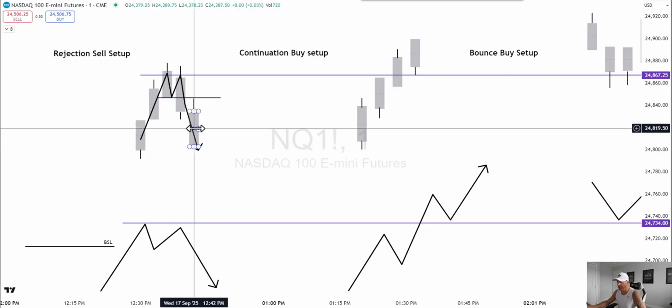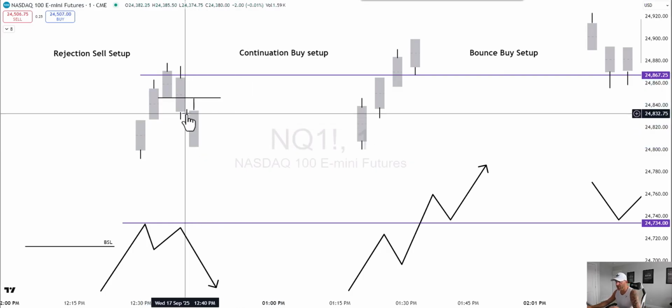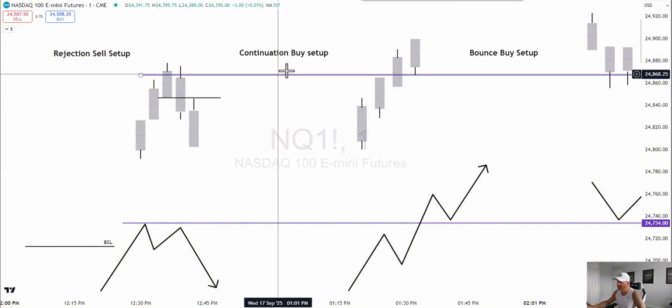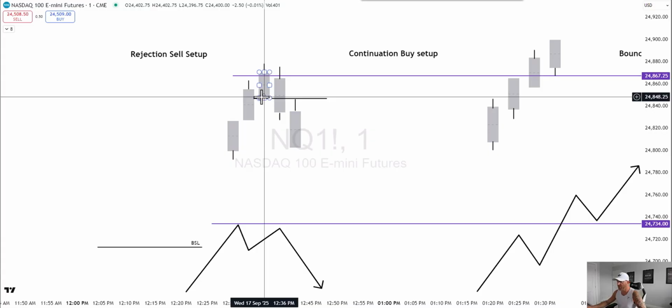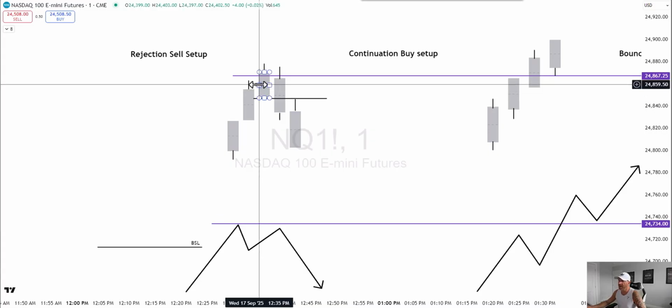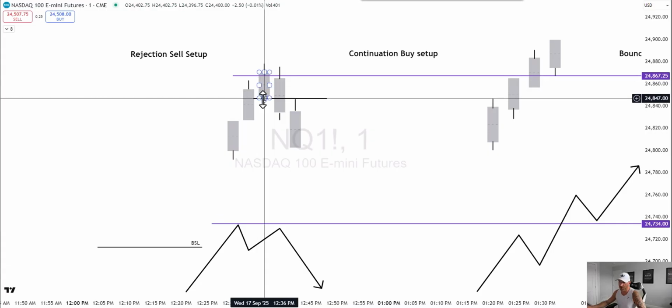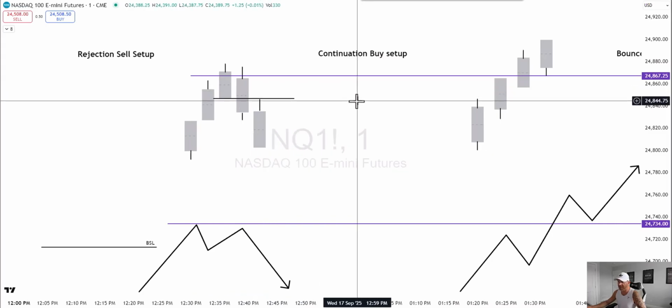Now, it's different for a green candle or a bearish candle. If this is a green candle, that's the body open. But I like to see the body close as a bearish candle there.